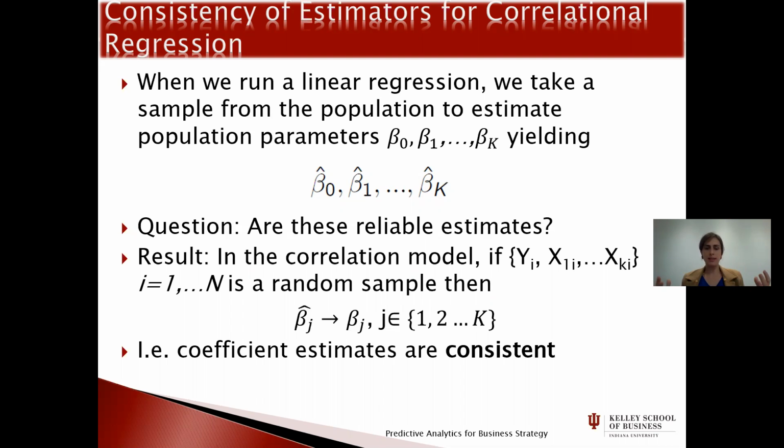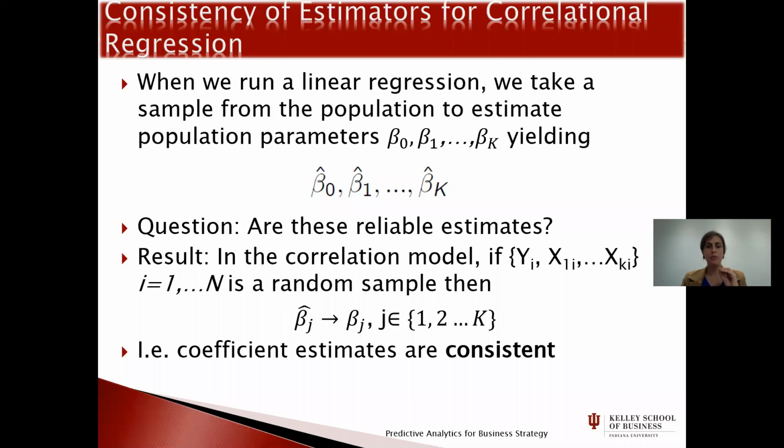As you increase the sample size, your estimated coefficients are going to be converging to the true population betas. So the question that we need to ask is, after running the regression, what do we need in order to guarantee that we have good betas, that we have good beta hats? The only thing that we're going to ask for correlational regression is that we have a random sample.